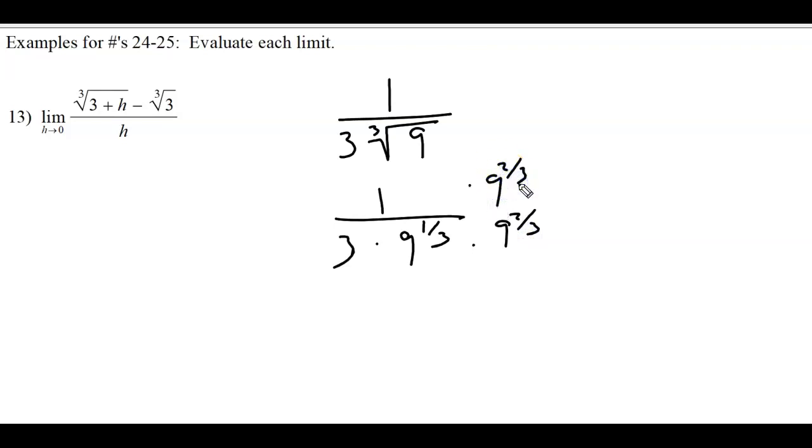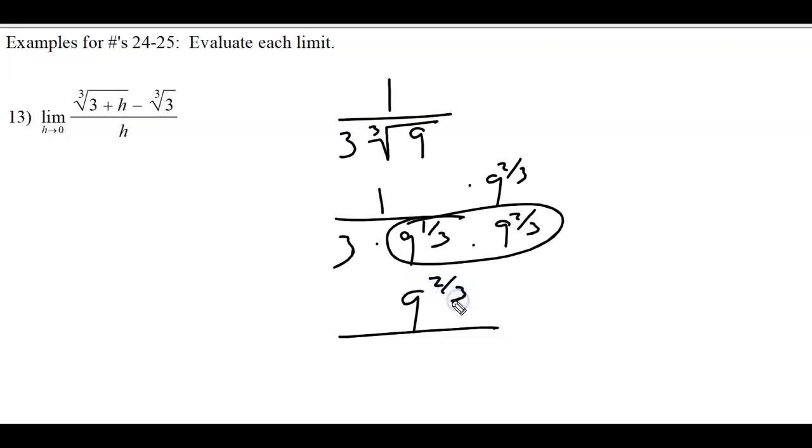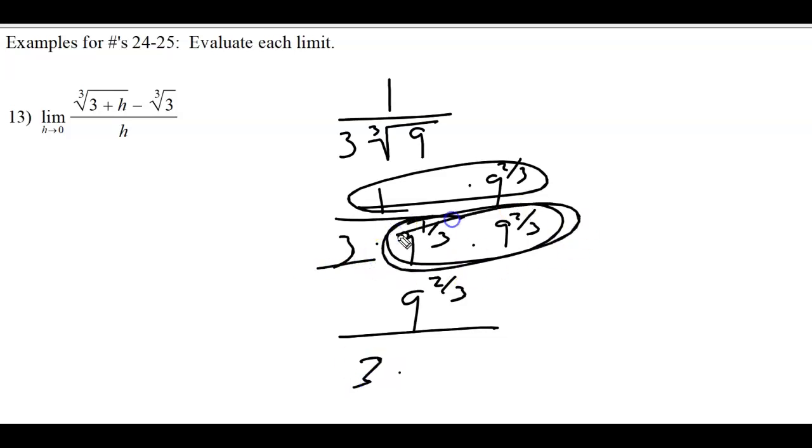Because remember, we don't want a root in the bottom. So when I put these together, the top is going to be 9 to the 2/3, because when we multiply those, we just get 9 to the 2/3. On the bottom, we have 3 times 3, and when we put those together, you get 9. Now, this also can be simplified.